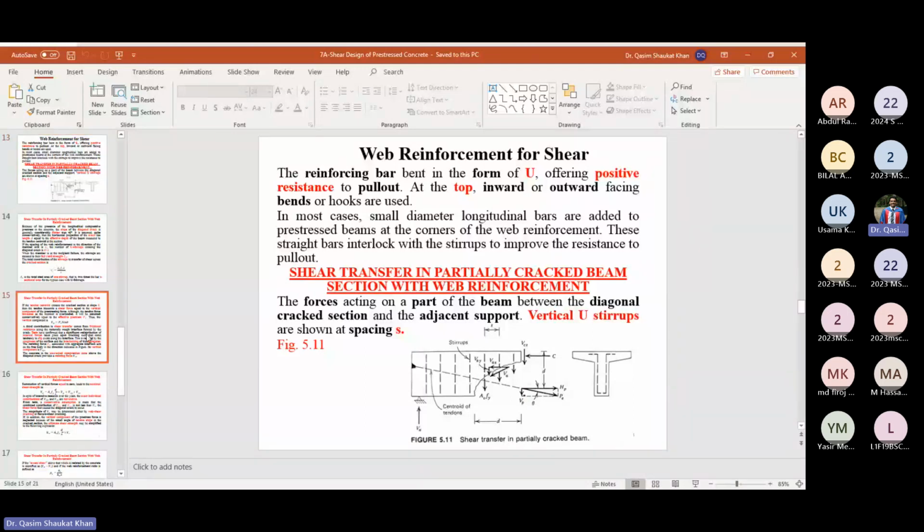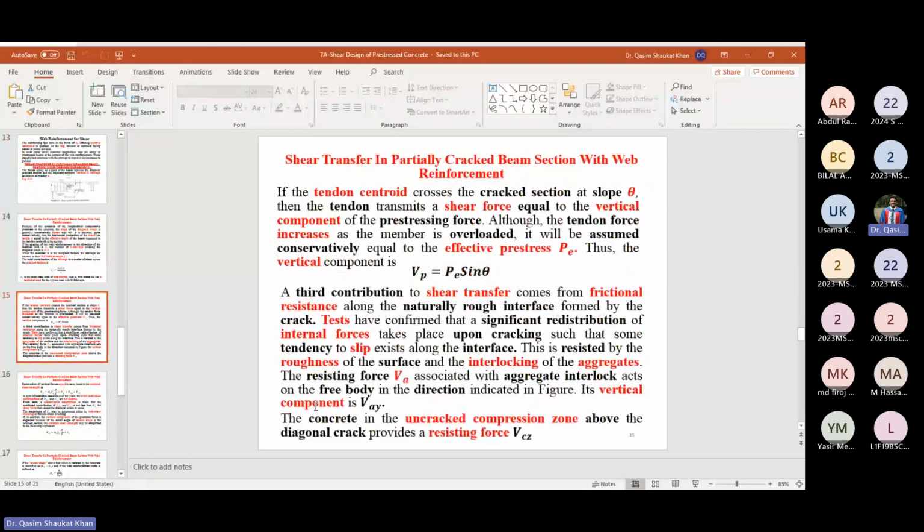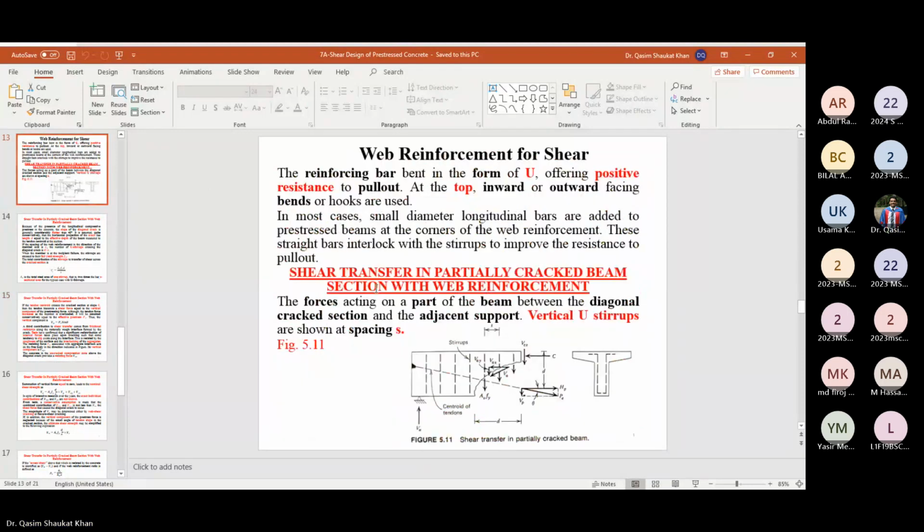Now this uncracked section, the concrete in the uncracked compression zone above the diagonal crack, provides a resisting force that is V subscript CZ.